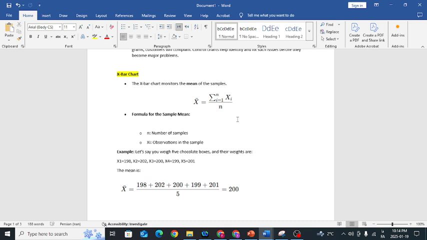Why do we use 5? Five is a reasonable number of samples for this kind of measurement, because a larger number takes more time and more money and it's not reasonable, and a number lower than 5 is not reasonable either, because we cannot make a decision according to such a small sample size.